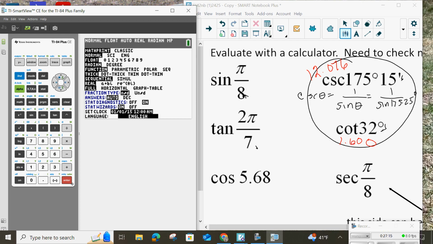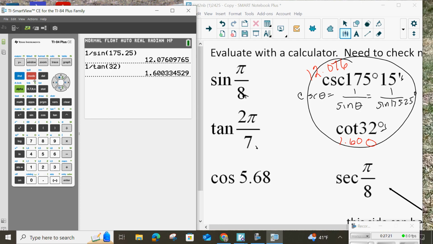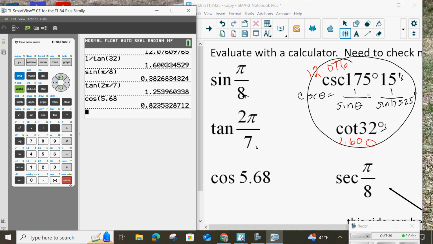So sine is opposite over hypotenuse. Hypotenuse is always my big one. So is the answer that I'm getting making sense? Do you guys agree with my answers? Are those okay?